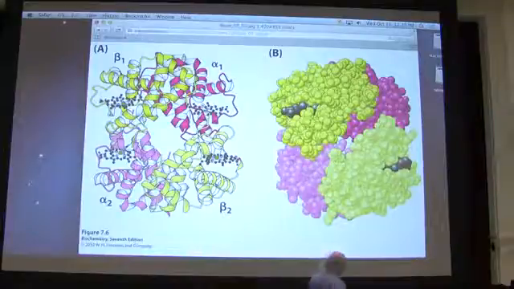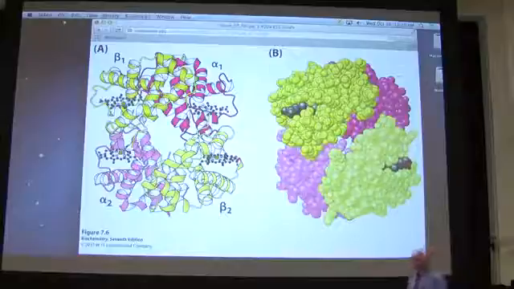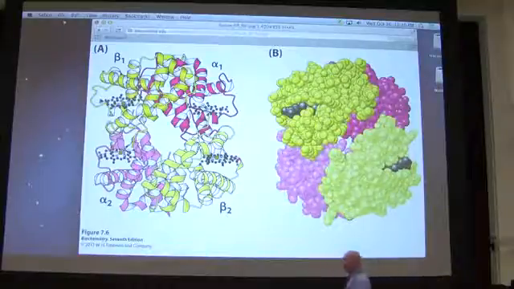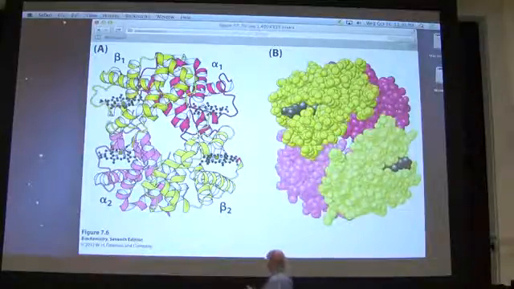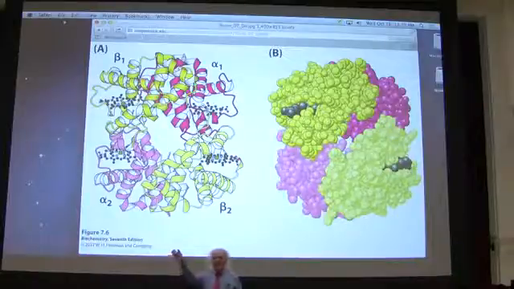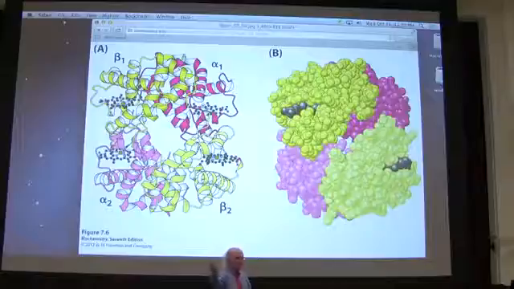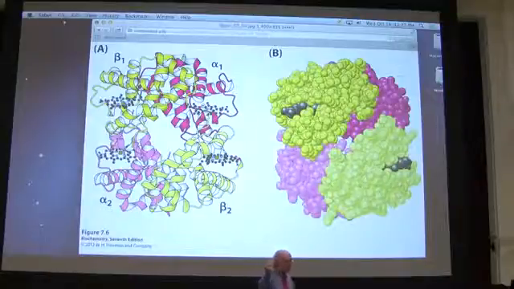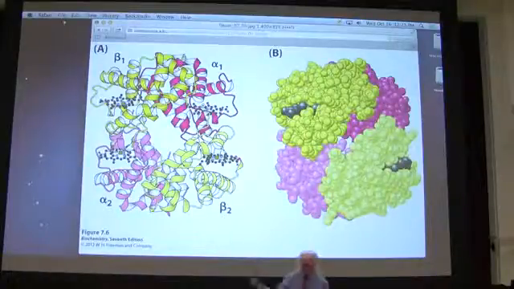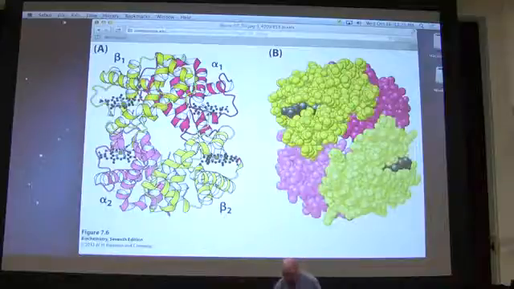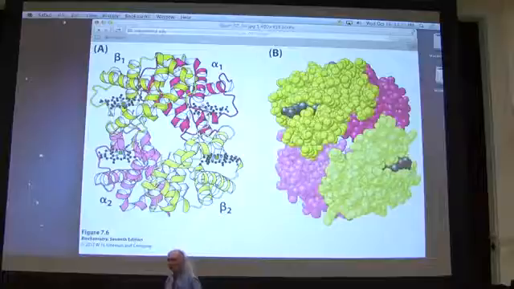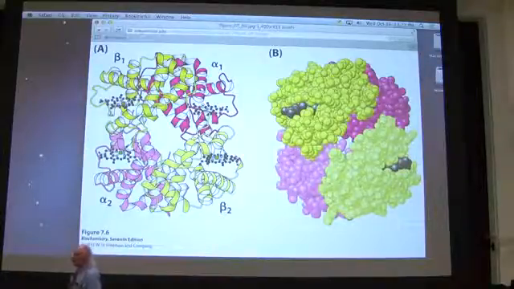Eventually, one of the hemes in this hemoglobin bound to an oxygen. And when this heme bound to an oxygen, that iron atom got changed 0.4 angstroms. So what? Well, the iron atom was attached to a histidine. And the histidine was attached to another amino acid, which was attached to another amino acid, which was attached to another amino acid.